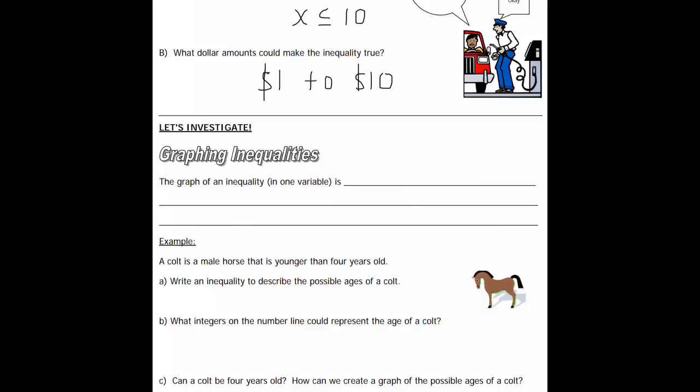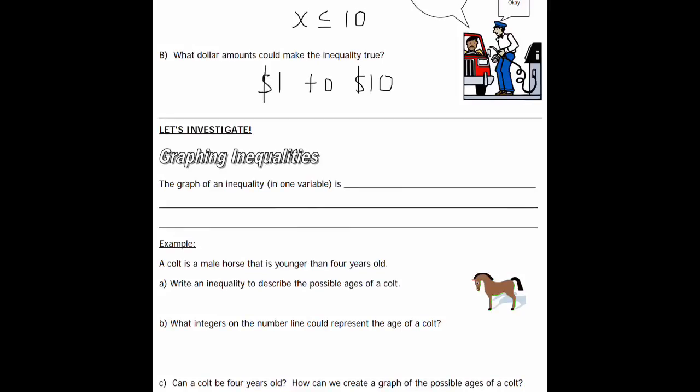So the graph of an inequality in one variable is, we're going to write down a little definition here, if I can get my pen out, the set of points on a number line that represent the solutions of the inequality.